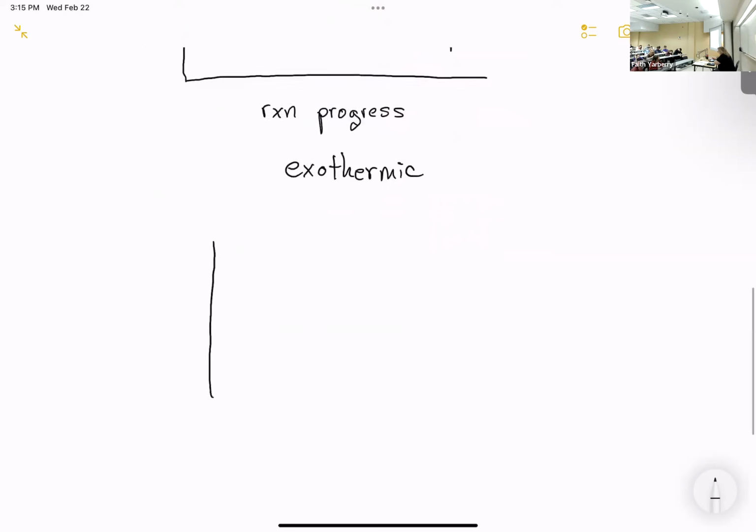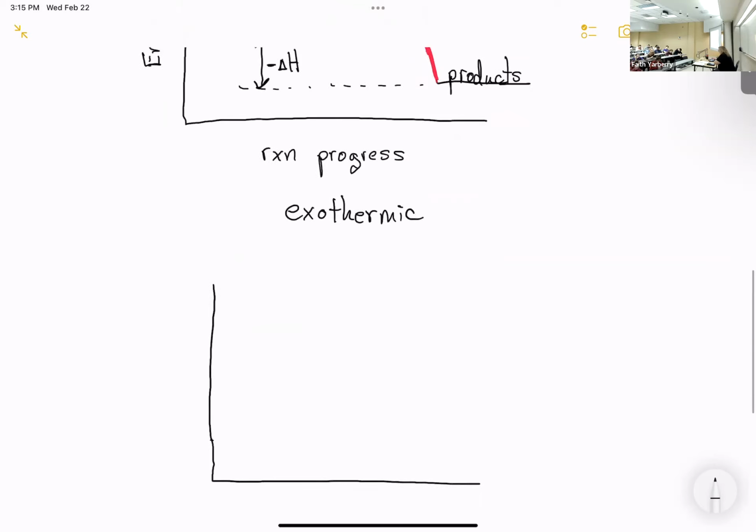But not all reactions are exothermic. We also know that we can have an endothermic reaction. Even with an endothermic reaction, your reactants will be on the left. You will have an energy of activation that must be overcome in order to get to the products.